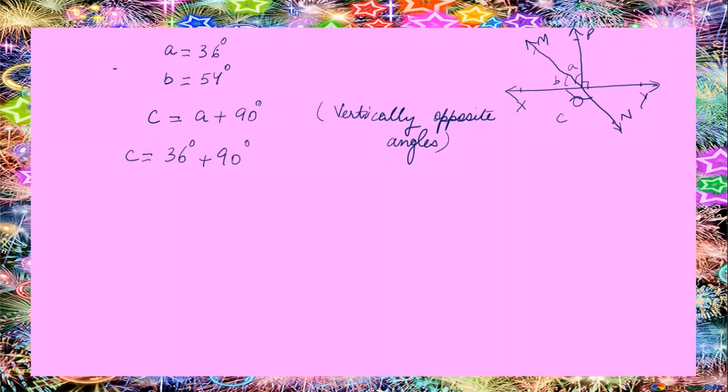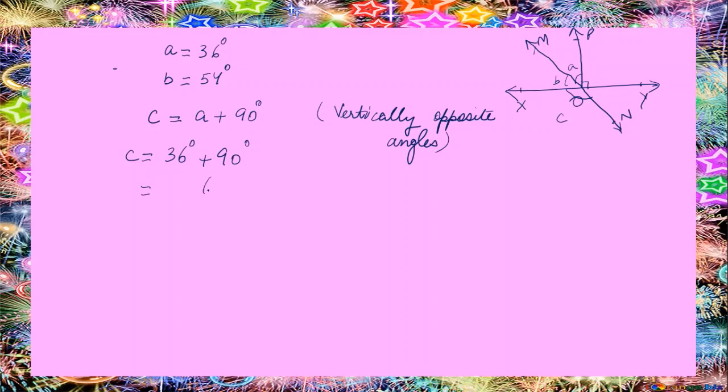Now you know c is, here you can say this angle c equals this angle a plus 90 degrees. Why? This is 90 degrees, vertically opposite angles, as XY and MN intersect at O. So c is a, which is 36 degrees, plus 90 degrees. a is given, we have solved.